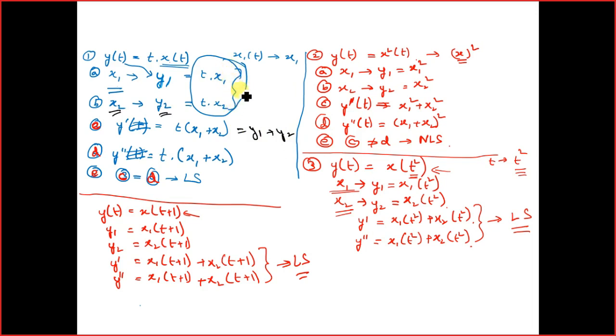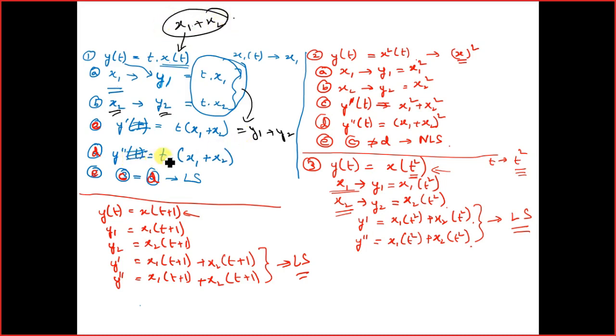Now if you add these two, what do you get? t becomes common, then x1 plus x2. Then in the next level, what you have to see is y double dash, where the input x(t) is being changed to x1 plus x2.